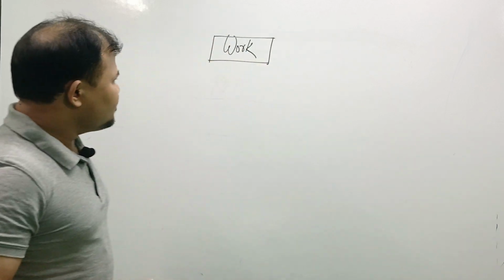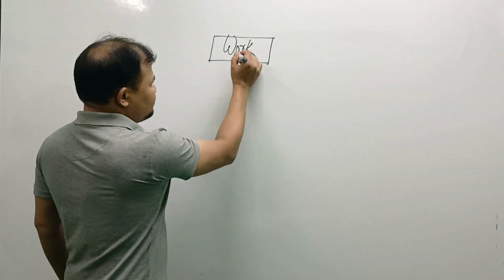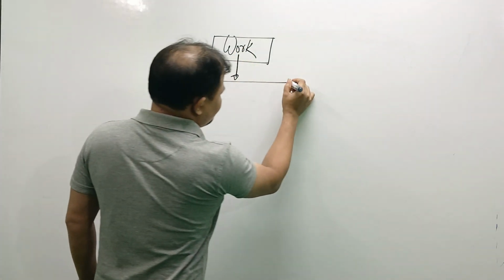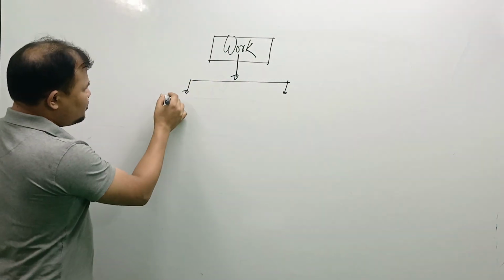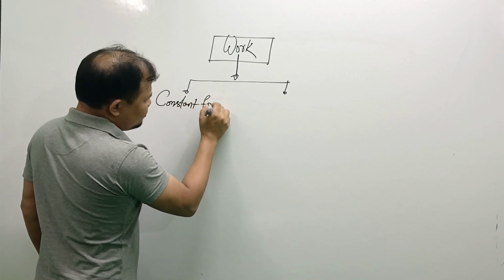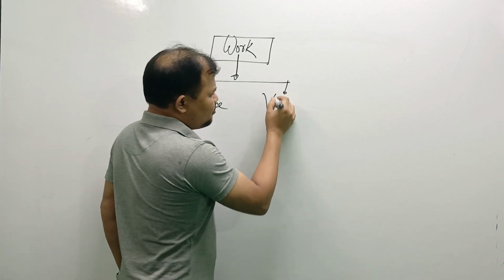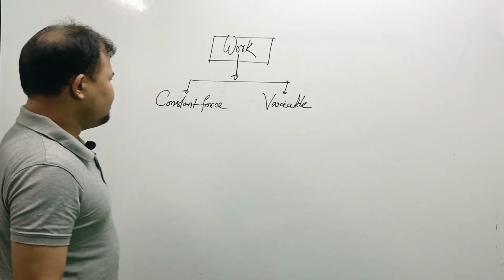In measuring work done, at first we have to be clear that work done can be measured in two ways: one is for constant force, and another is variable force. That is really very important.